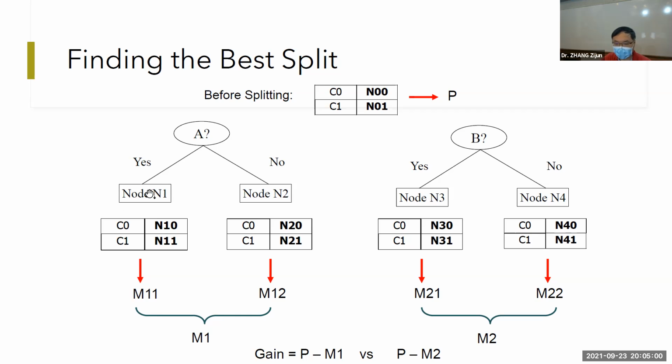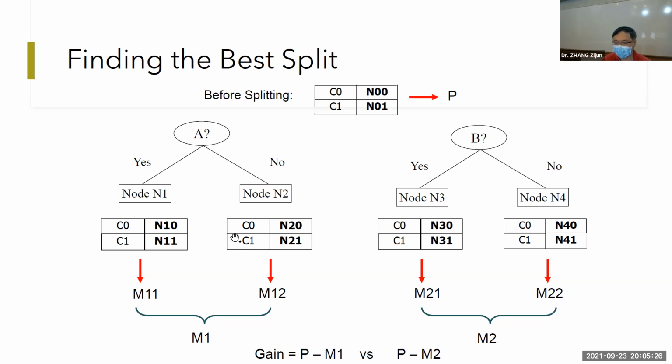Then in node N1, we have two classes. We use N10 to denote the number of class 0 in node N1, and N11 to denote the number of class 1 in node N1. And for node N2, we do the same thing.